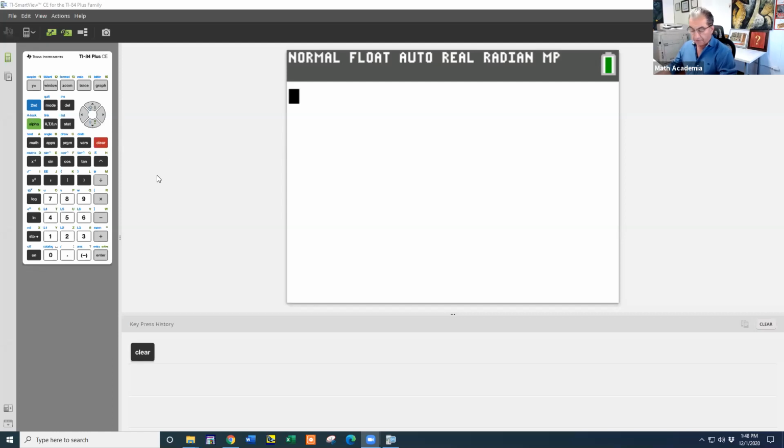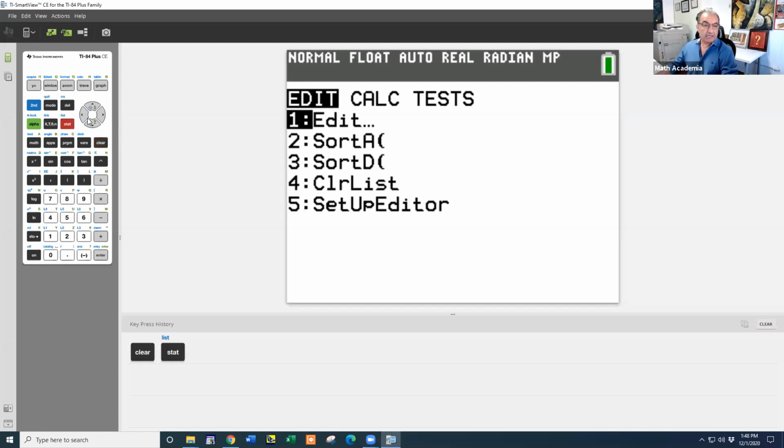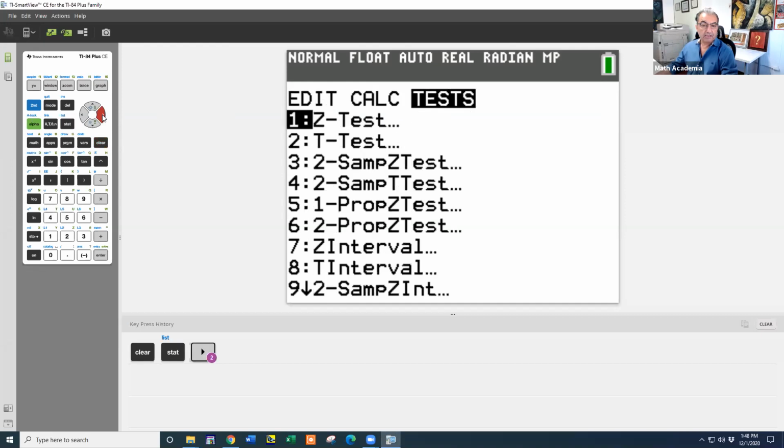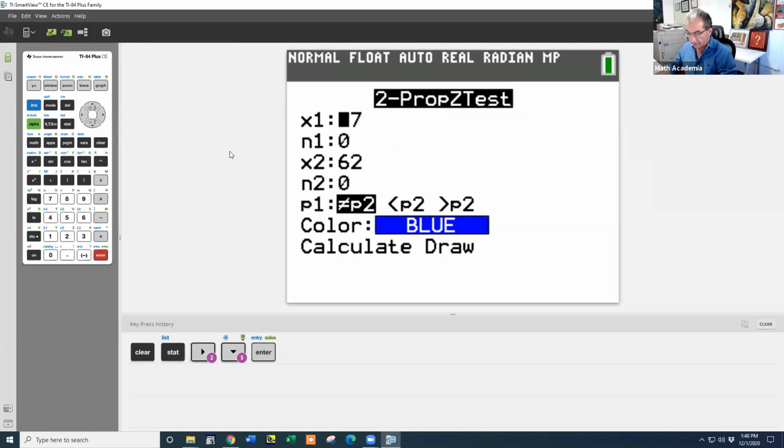So let's see here. So the first step, we go to stat and we go to test and you scroll down. This is 2 prop z test again. So let's put the givens. X1 is given to be 38.